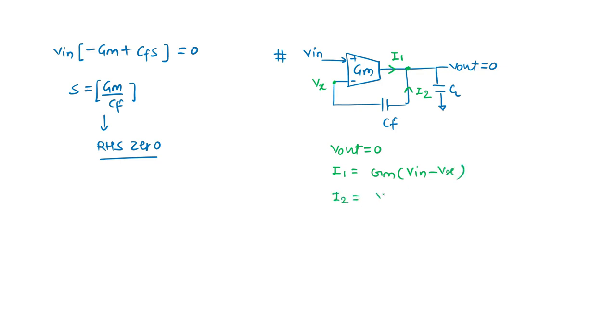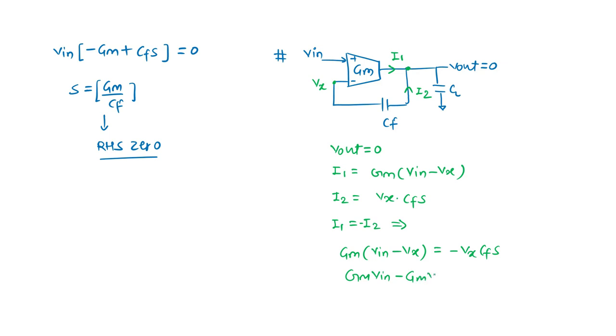I2 is Vx times CF S. So if I put I1 equal to minus I2, or I1 plus I2 equal to 0, then what do you see? Gm (V in minus Vx) is equal to minus Vx CF S. So let me open it.